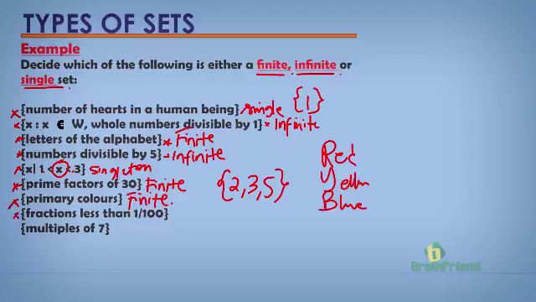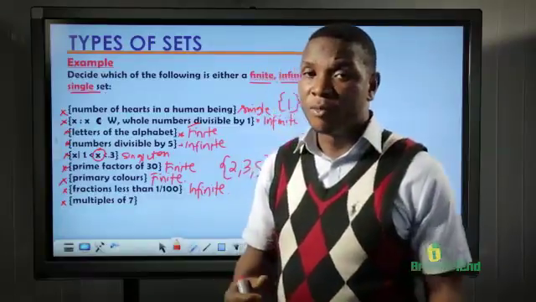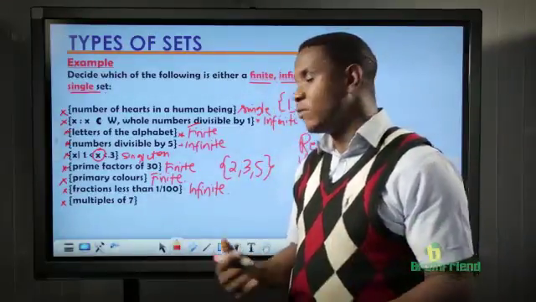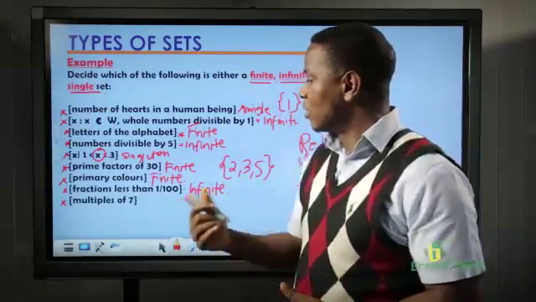Next, let's look at our next set. The set of fractions less than 1 over 100. Again, such a set has an innumerable count, and therefore we refer to that as an infinite set. And lastly, the set of the multiples of 7. Once again, we have so many multiples of 7, beginning from 7 itself. 7 times 1 would give us 7, 7 times 2 would give us 14, and so on and so on.